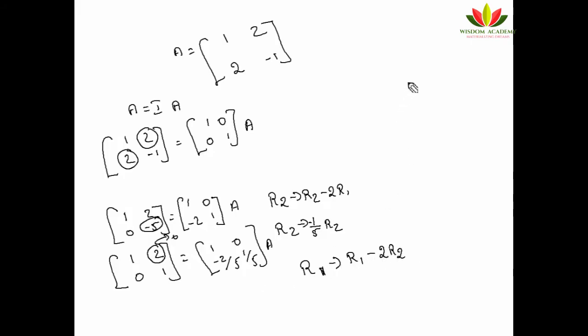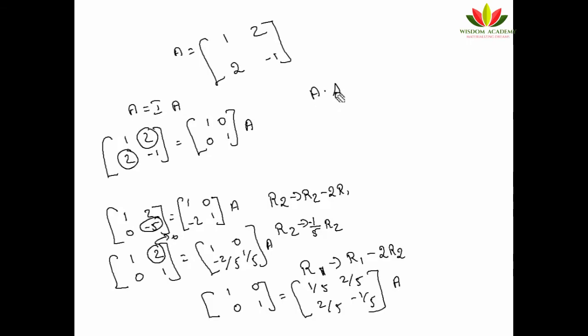So what will happen? I will get like this: 1 0 0 1 is equal to 1 by 5, 2 by 5, 2 by 5, minus 1 by 5, into A. Now consider this: A into A inverse will give me I, right?